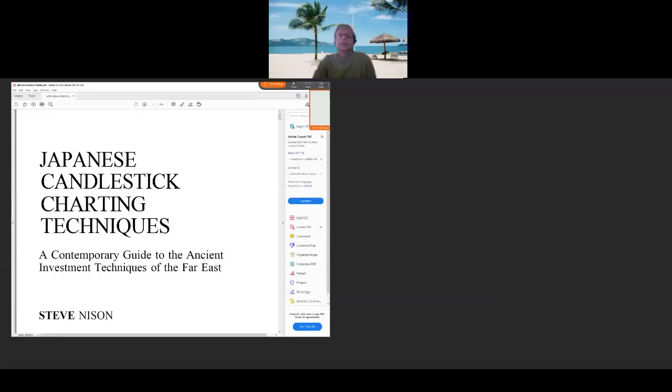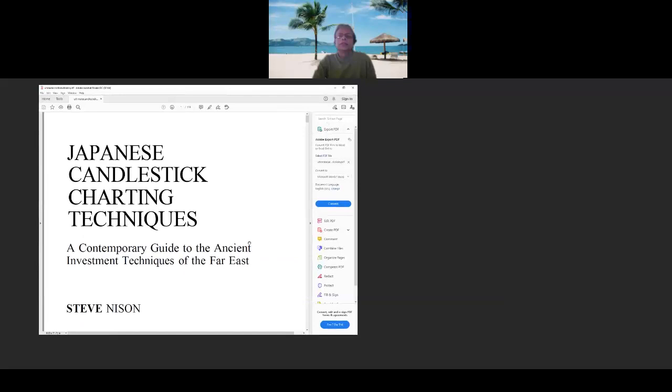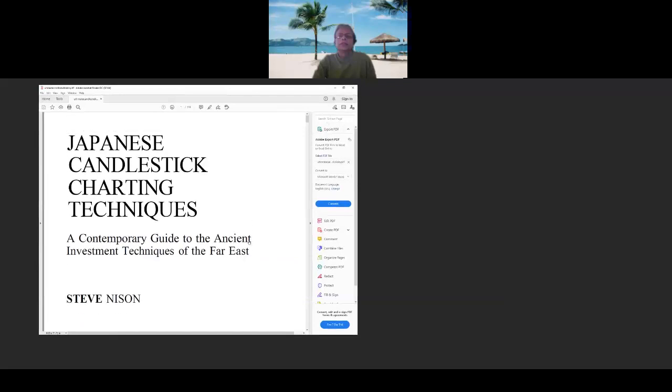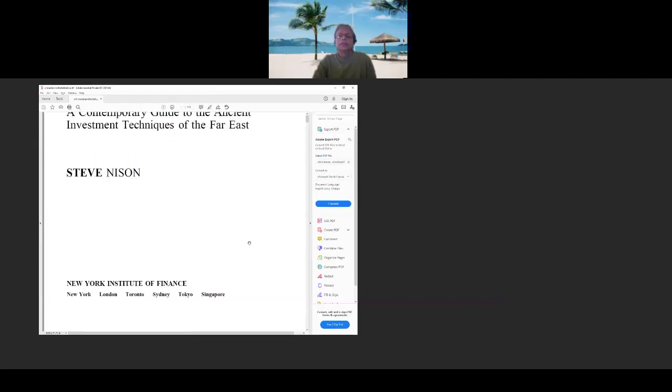A lot of other stuff is seen, so you may just want to go on the screen you want to present and expand that. Yeah, let me just present only that screen. Are you able to see that screen now? We are only seeing your PDF. Yeah, we see the Japanese candlestick charting techniques. Okay, do you see it big enough? Yeah, the PDF is big enough.